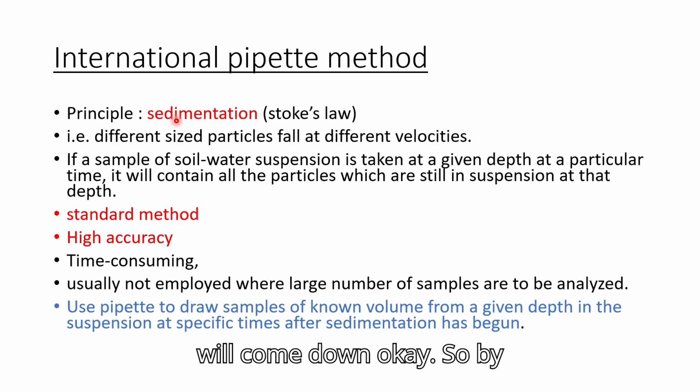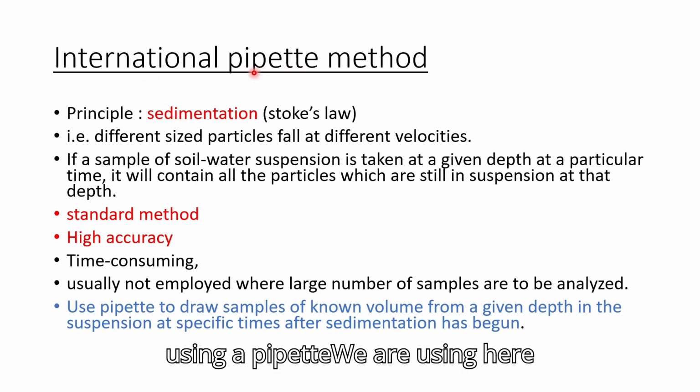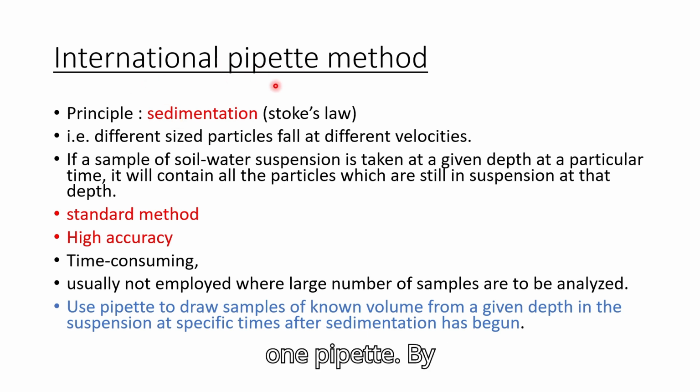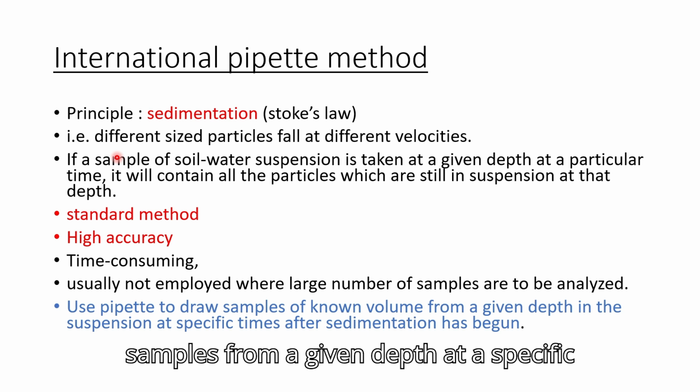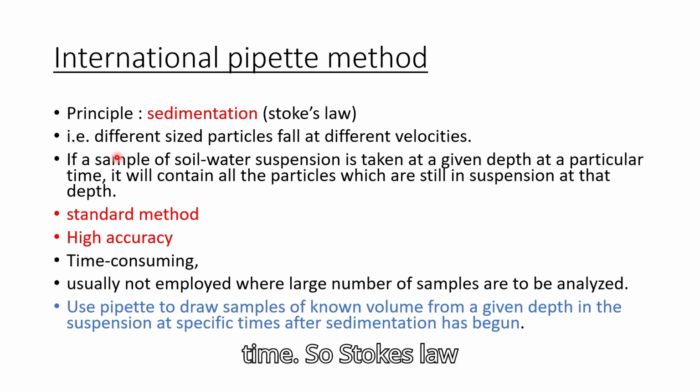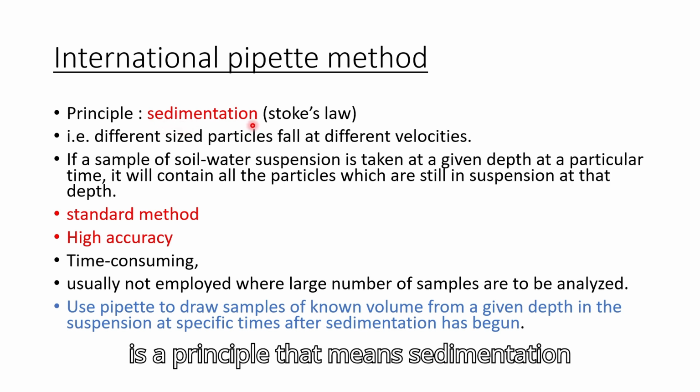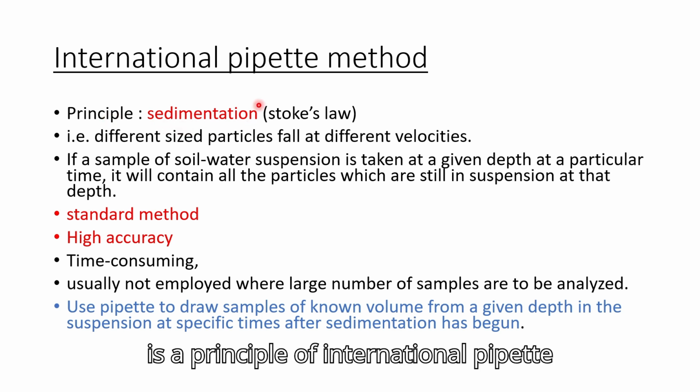Here we use a pipette to take samples from a given depth at a specific time. Stokes' law is the principle, that is, sedimentation is the principle of the international pipette method.